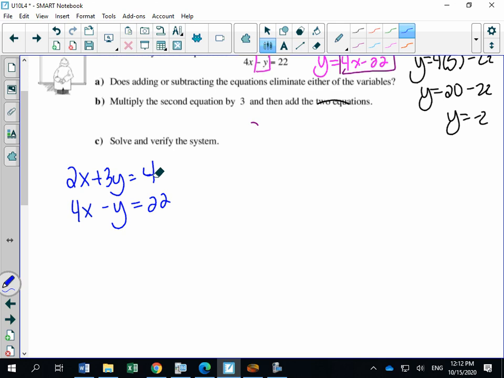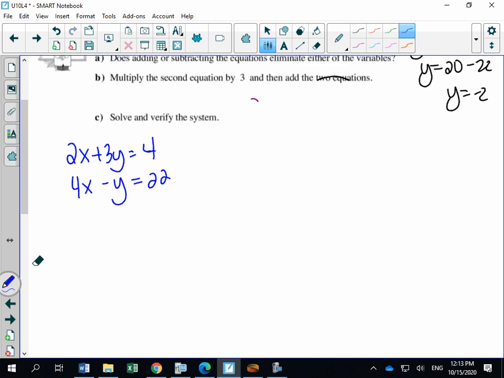What could I multiply this first system by? By 2. If I multiply this first system by 2, I'm going to have a 4x and a 4x. Or another way you could do this, let's say I wanted to eliminate my y's, you guys. What would I multiply this entire second system by? By a 3. Yeah, and you will get the exact same answer. So let's do the first system. Let's get rid of our x's.